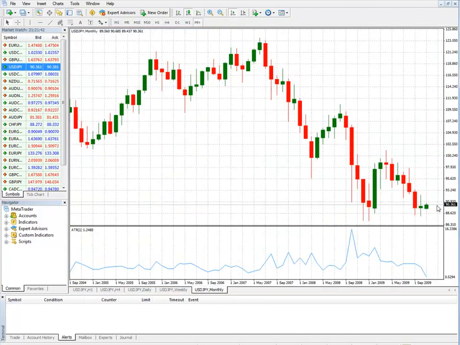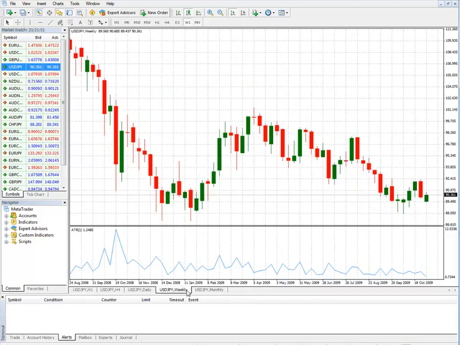Let's see what the US dollar Japanese yen looks like. Monthly, could be some bottoming out there. Let's see what the weekly looks like. Okay, just approaching some previous lows back here from December '08. That's interesting.